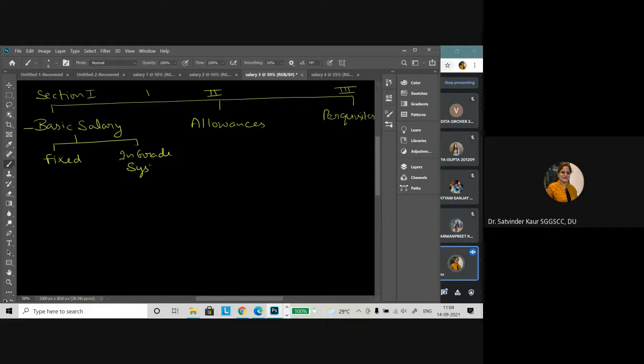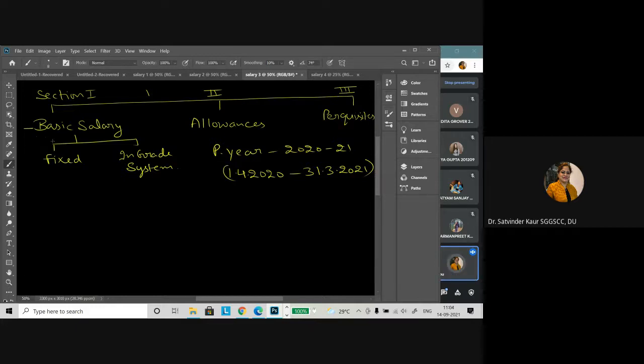And whenever we take the income, we have to take the income for the previous year 2020-21. Whatever salary is being received, whether from one employer or more than one employer, within this period, whatever amount of salary you have received, is going to be taxable under the head salary.